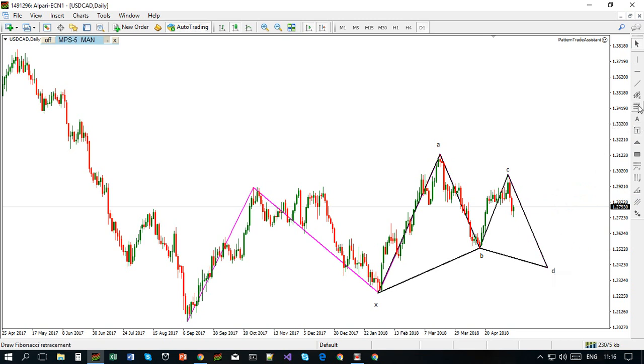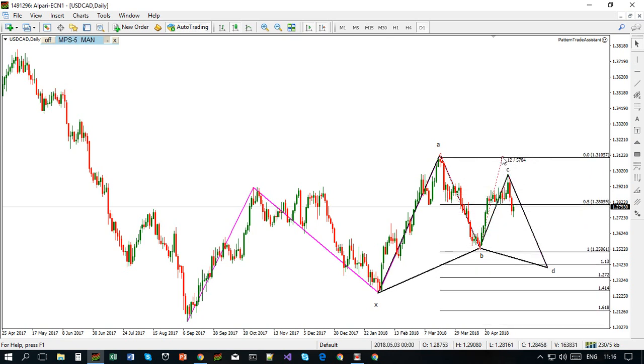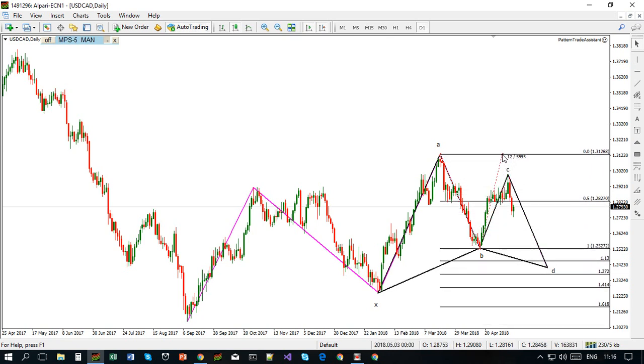In advanced pattern approach, the D point is only one level. It is A to B extension. So in advanced pattern trading, the completion of the pattern will take place here at this 127 A to B extension, so slightly lower than the harmonic trading.